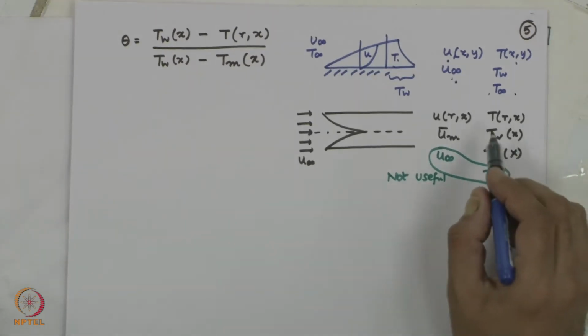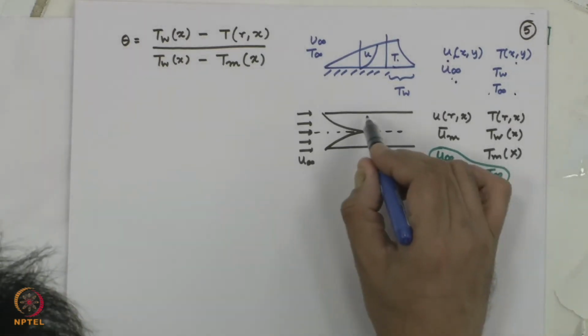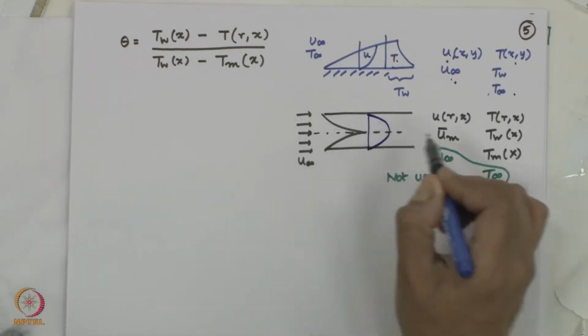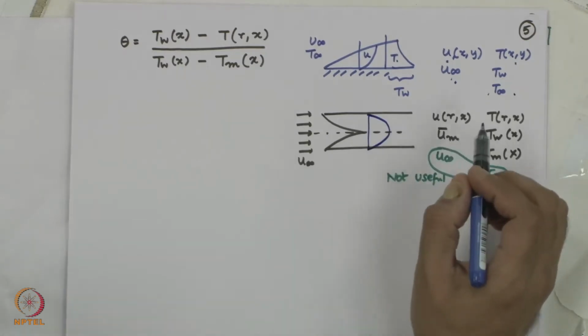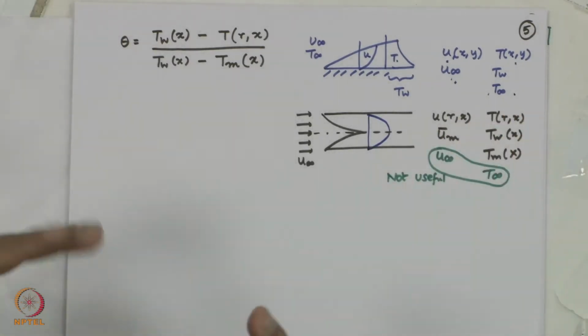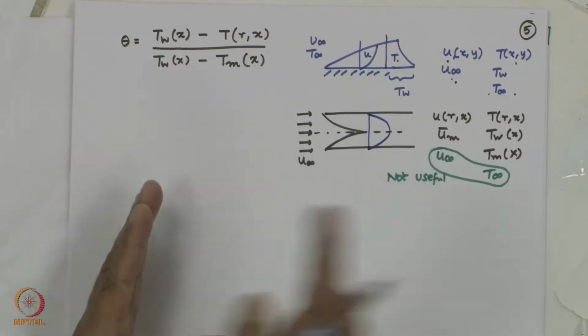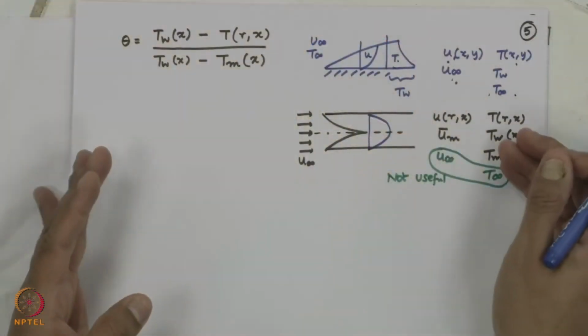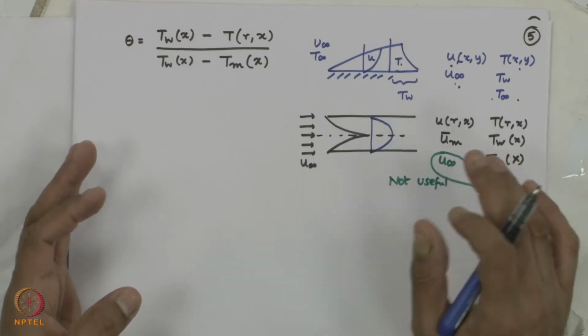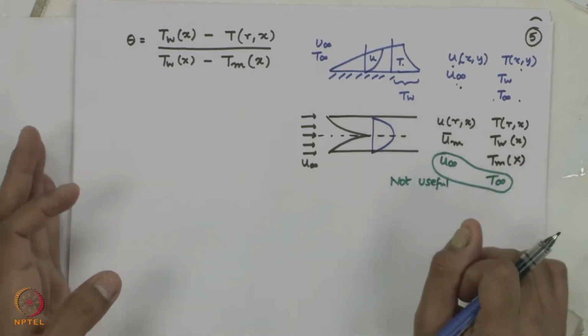You are going to be concerned with a velocity distribution and a temperature distribution, and the bulk mean quantity is what is going to be repeatedly used as a separator, or a way to relate a local quantity to some average quantity. There we related it to the maximum quantity, now we are going to relate it to the average quantity. This is something which you should communicate effectively to the student.